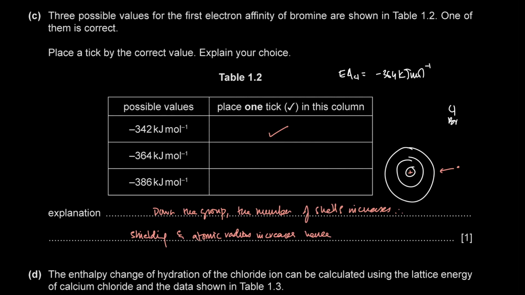Hence, the incoming electrons experience weaker nuclear attraction. So the first electron affinity is less exothermic.